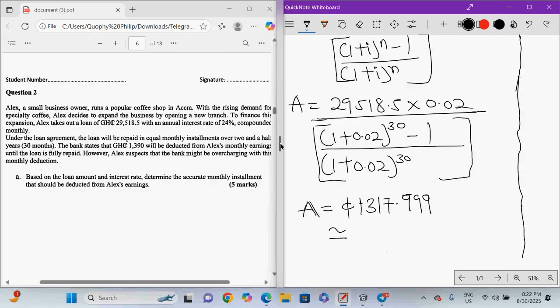So that would be 1,318, if I want to round it to the nearest whole number.